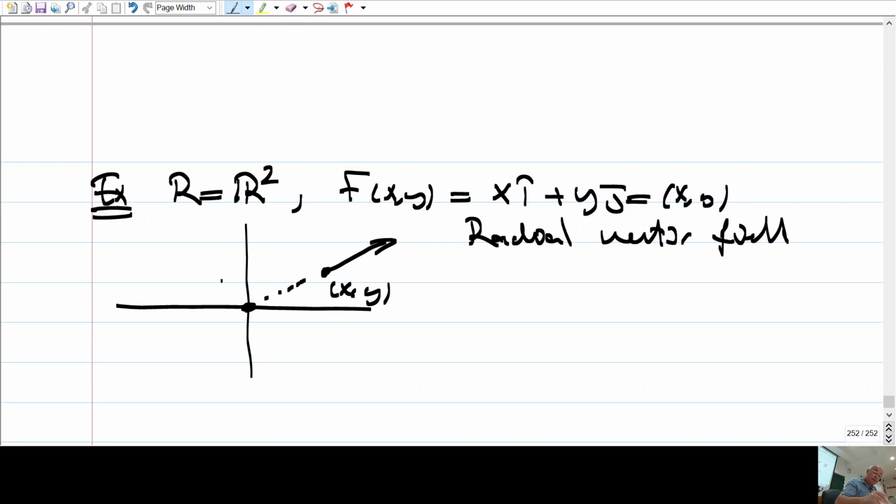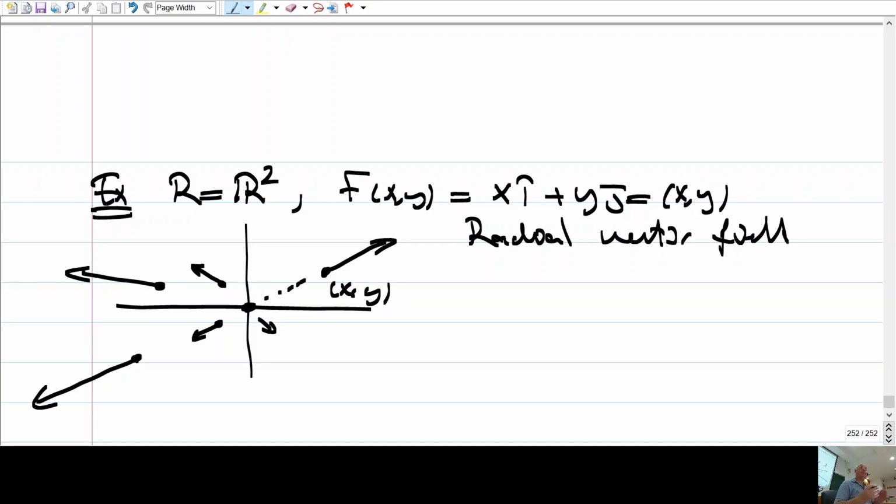At any point, its magnitude is given by again (x,y). So if you are away from the origin, of course the magnitude will increase, right? If you are close to the origin, it will be small. So that's why this is called the radial vector field.